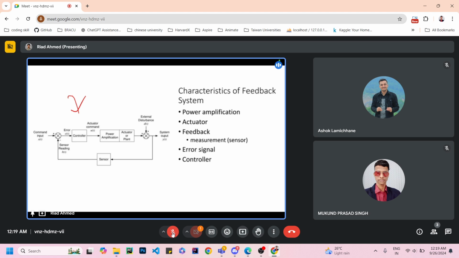You can explain this diagram with a motor example or anything else, but you need to explain each and every part of this diagram: the controller part, the error part, the power amplification part, the motor part, and the sensor part. All of those parts need to be described in your answer. So that is the characteristics of a feedback system.